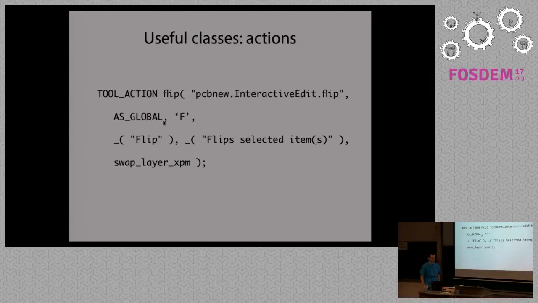You can decide whether the action is global, so for example it can apply to all tools, or it might be just related to a certain tool, so you can limit the scope. Then you can also define a hotkey if you want. A label that is going to appear if you add it to a menu, to a right-click context menu, and a hint that will appear when you hover the mouse over the entry, and perhaps an icon if you want.